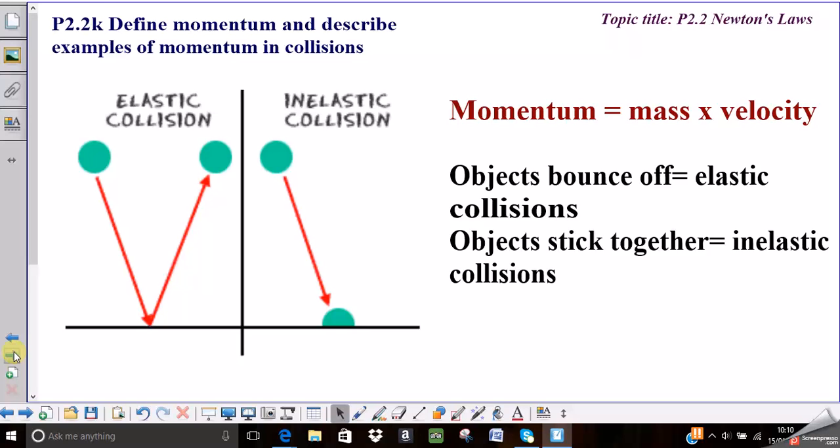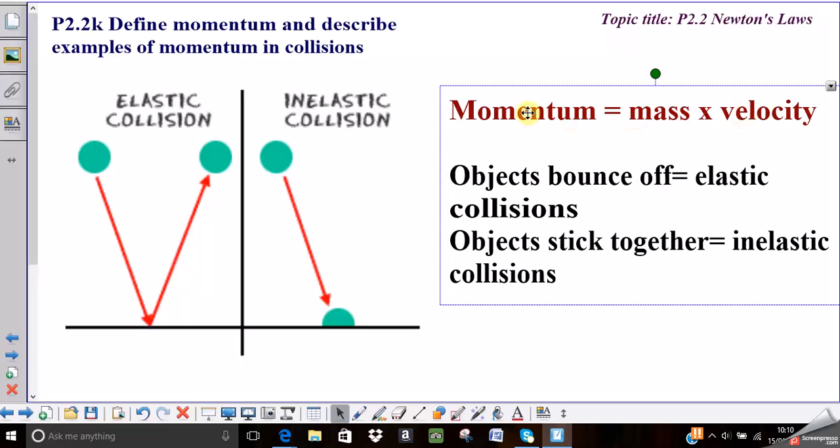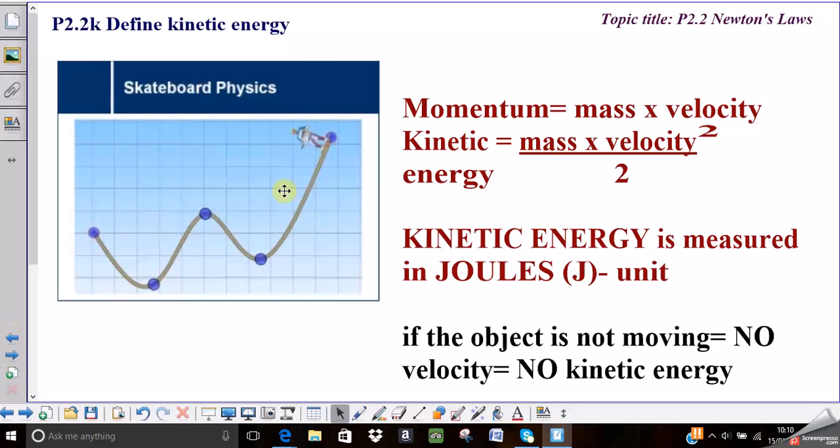Now we said that if an object is moving, the object will have a velocity. That means the object will have a momentum. This skateboarder being on top of this ramp doesn't have a momentum because its velocity is zero, it's not moving.